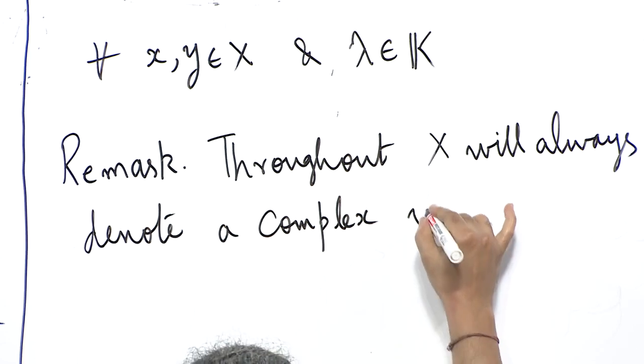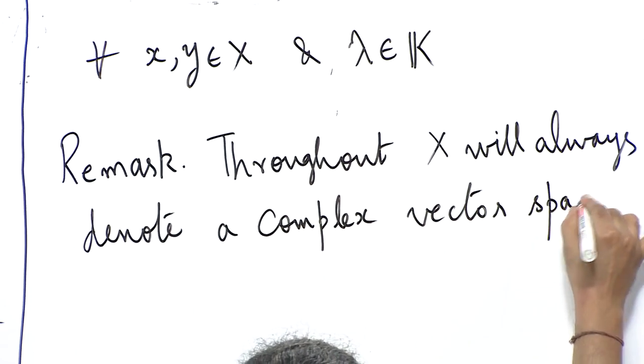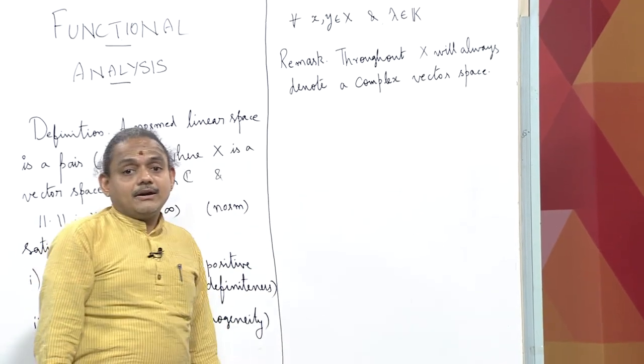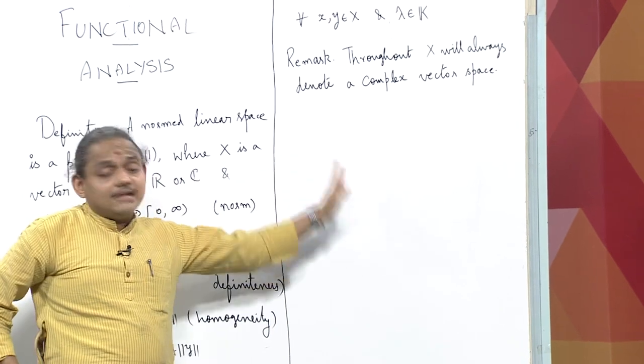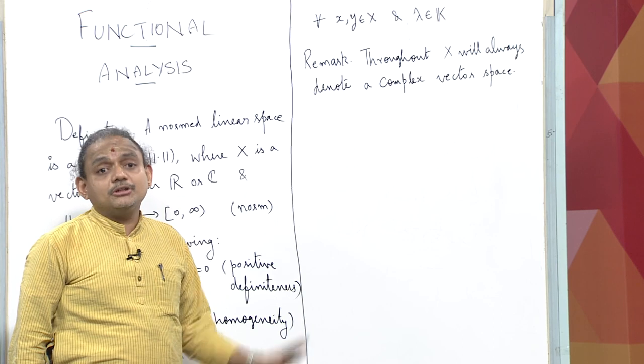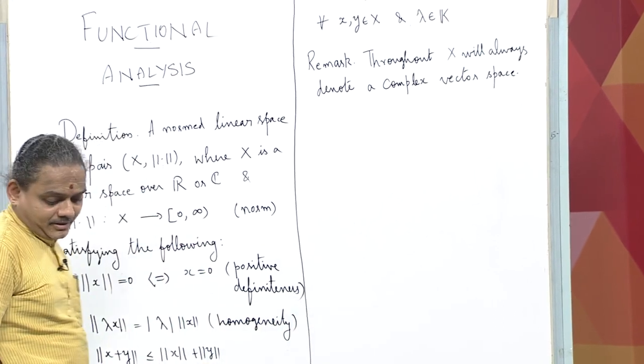Unless we are using a real vector space, we will not mention whether it is complex or not, but it should be understood that it is a complex vector space.